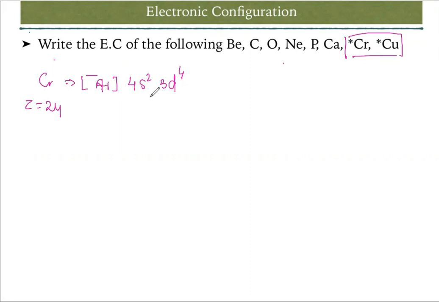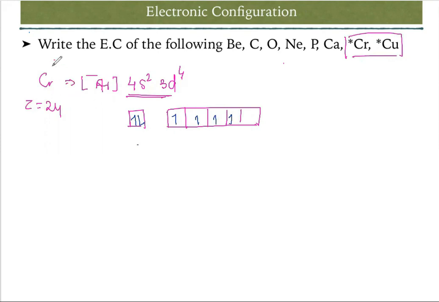Now a very important concept is coming. So what happens here? See, 4s. So how many electrons in 4s? 2 electrons. And d has 4. Now we have to fill the electrons. So in the 4s, we have to fill 2 electrons. So 1 electron, 2 electrons. In the 3d, 1, 2, 3, and 4.